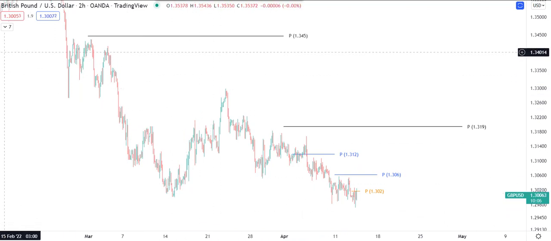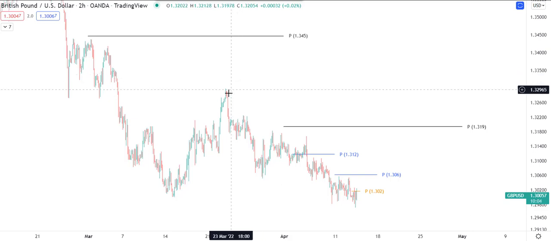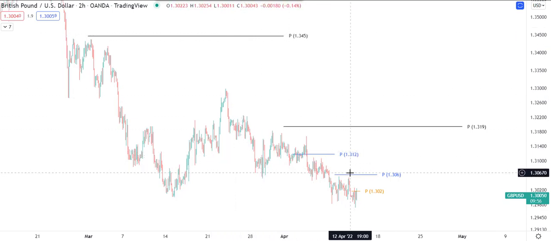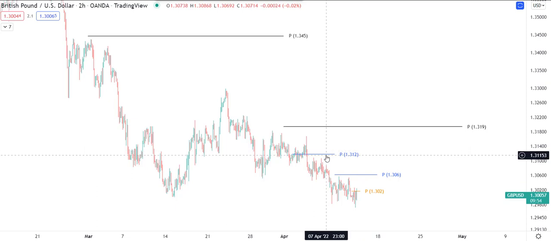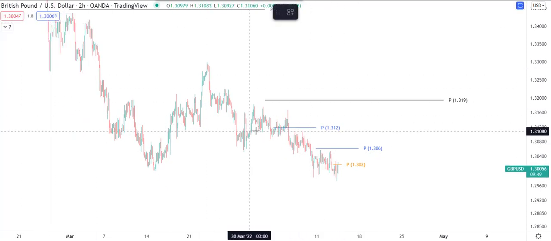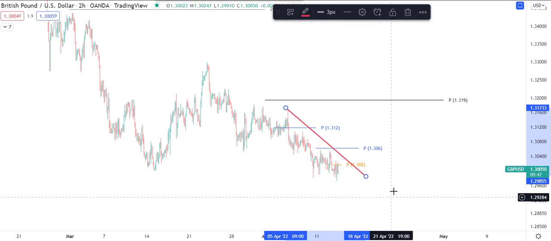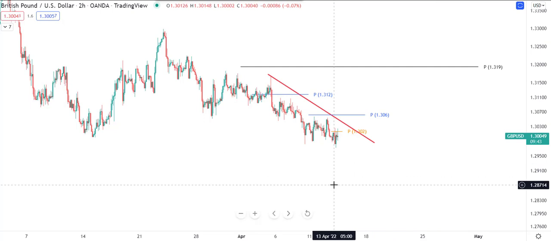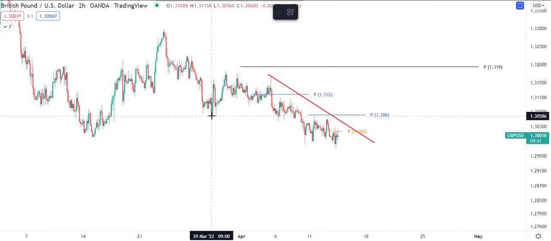We bounced a bit, it retraced like 50% of that down move from March, and it failed again. So we have a 2 weeks weekly pivot period here, making lower lows and lower highs. That's clearly another downtrend in the short term. Therefore, we will maintain our bearish bias in pound dollar.